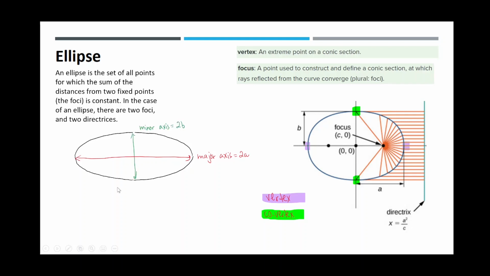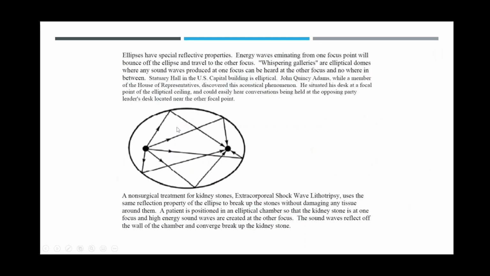Then we have also a minor axis, which will be size 2b. So if this size from the center to this outer edge is size b, because we're going both directions, it is size 2b.